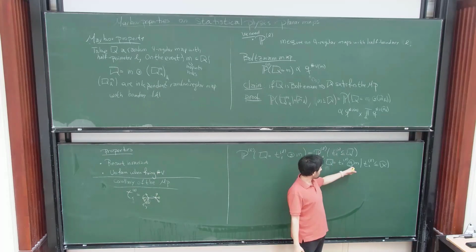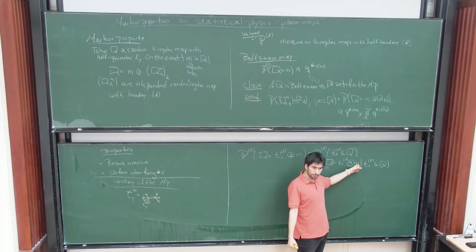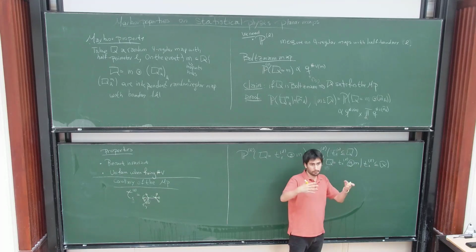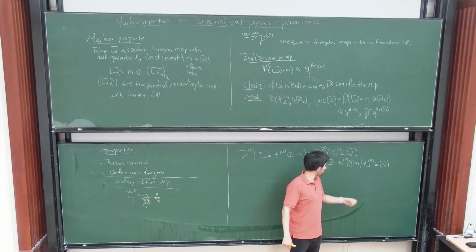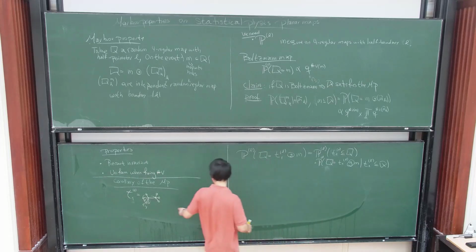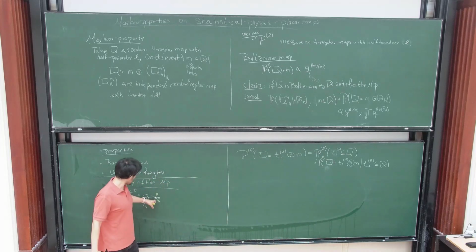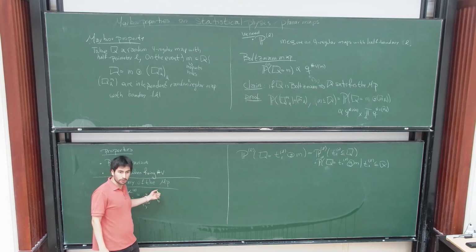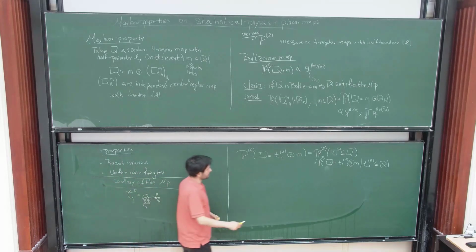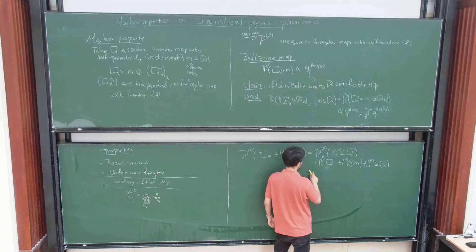Conditionally on T1 containing L, this M has the law of a Boltzmann map, where now notice that the boundary changed by 2. So I erased 1, but I added 3 new ones. So this is exactly the same as the probability.